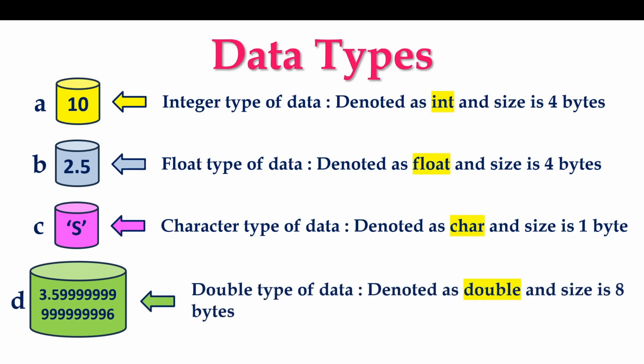And then the double data type can be denoted as double, and the size of the double data type is 8 bytes, which means to store double type of values, we need 8 bytes of memory in the computer. Got it? And these int, float, char, double are also keywords.